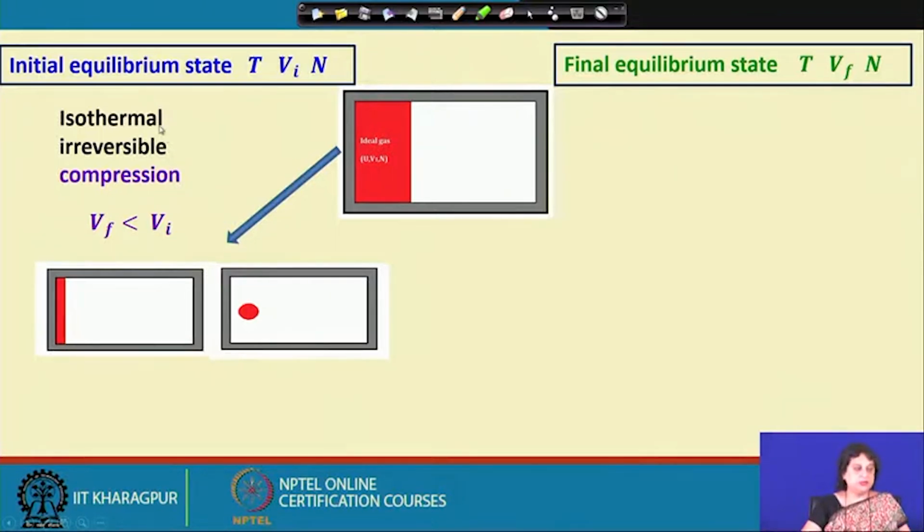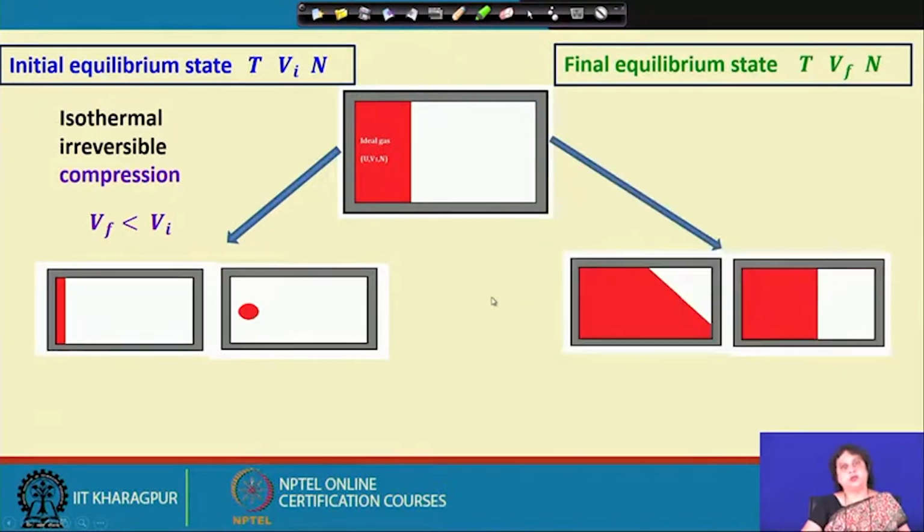It is isothermal because experimentally you do not see any change in temperature as you go from the initial to the final equilibrium state. It is irreversible because this compression is happening against a zero external pressure. It is a constant external pressure. It happens rapidly and in a single step, and it is a compression because the initial volume is greater than whatever the final volume that we have drawn here.